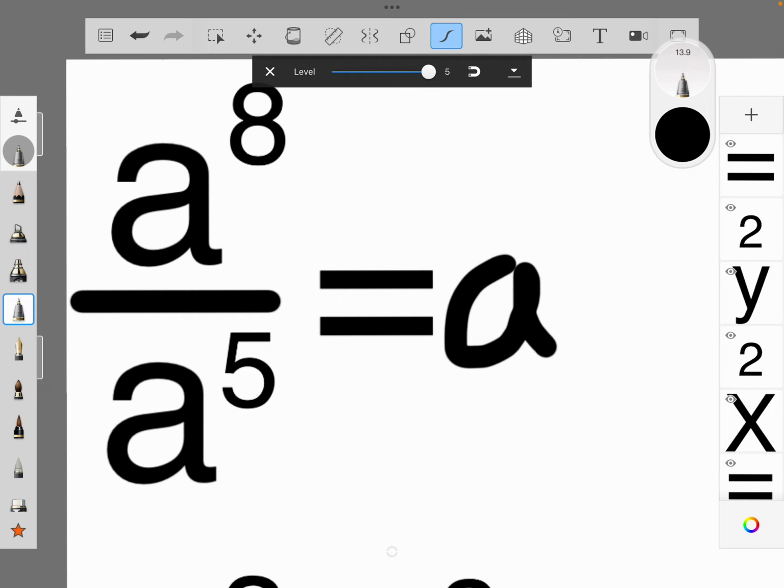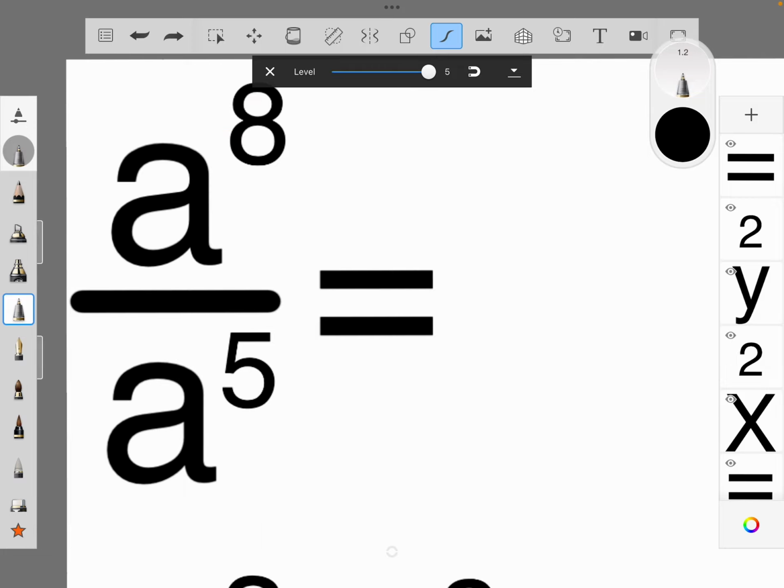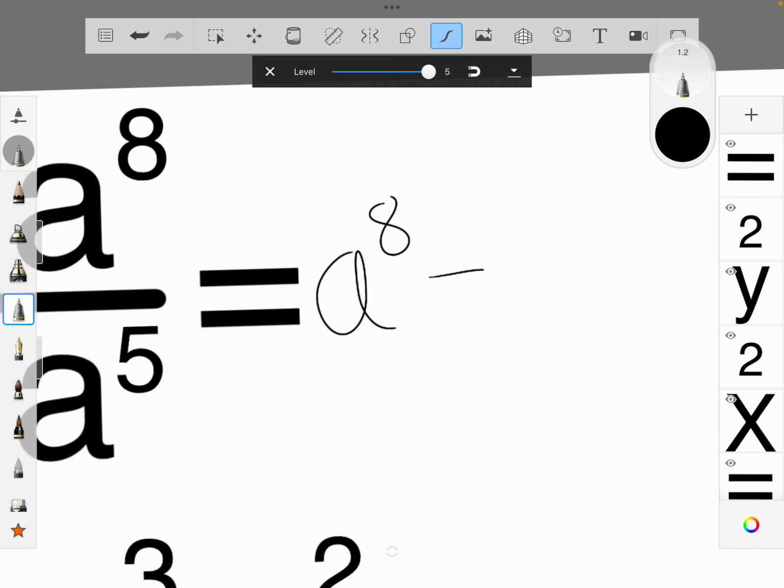The equation is a to the power of 8 divided by a to the power of 5. So that's what this math problem states, right?